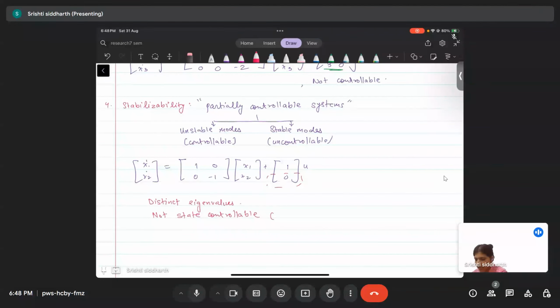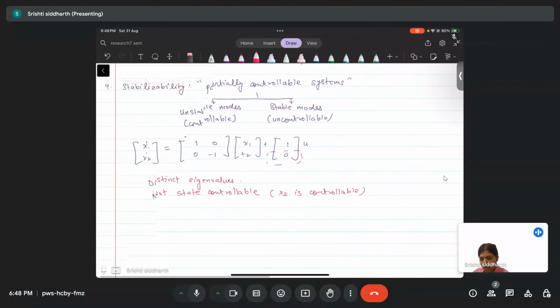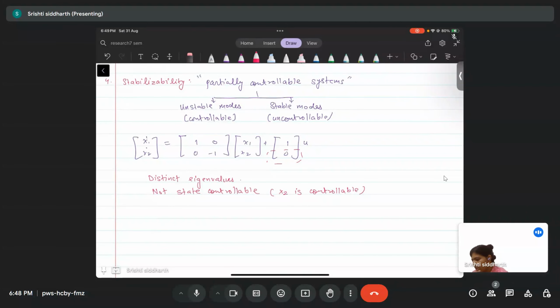Why? Because the second state x2 is uncontrollable, right? However, is it stabilizable or partially controllable? So let's see. So this eigenvalue is the stable part because this lies on the left hand side of the S plane, but this is an unstable eigenvalue or unstable mode, and its corresponding element in the B tilde matrix is non-zero.